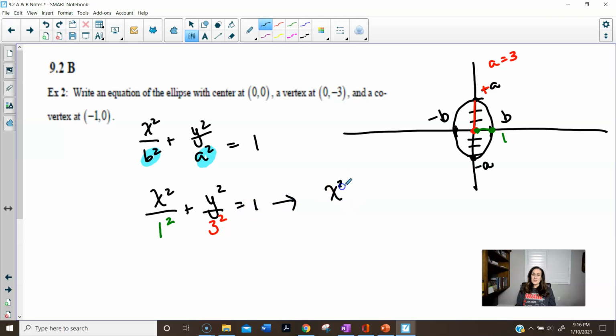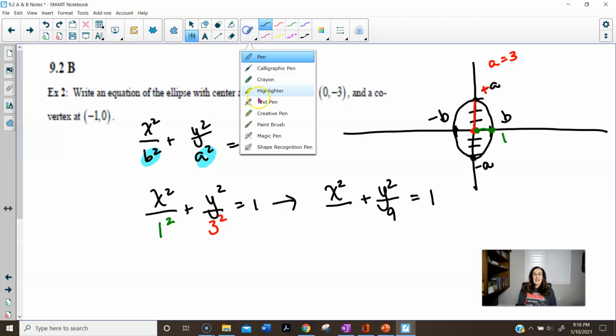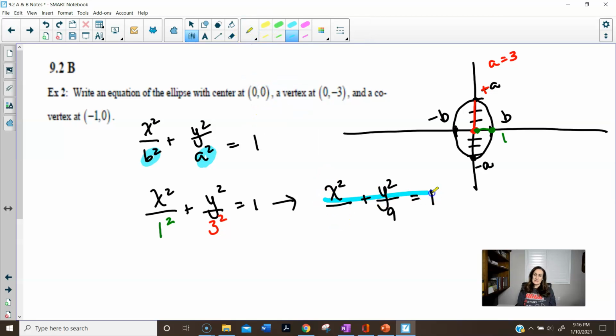Square those and you're done. X squared over 1 plus y squared over 9 is equal to 1. And technically you don't really need that 1 there, so I'll just erase it and highlight. There's my equation for this ellipse that has this vertex and this co-vertex.